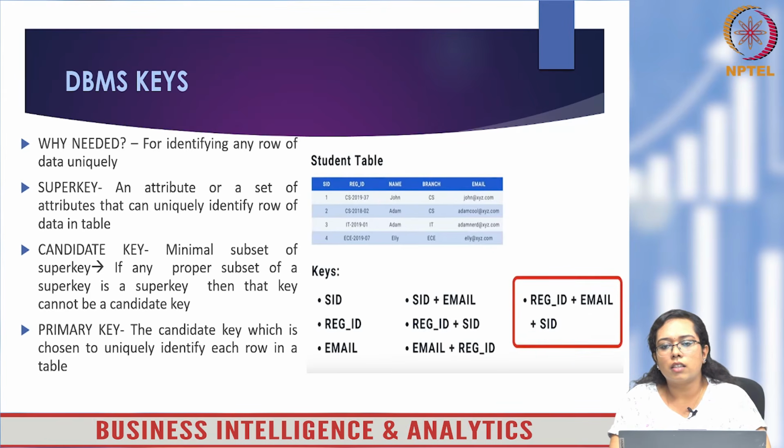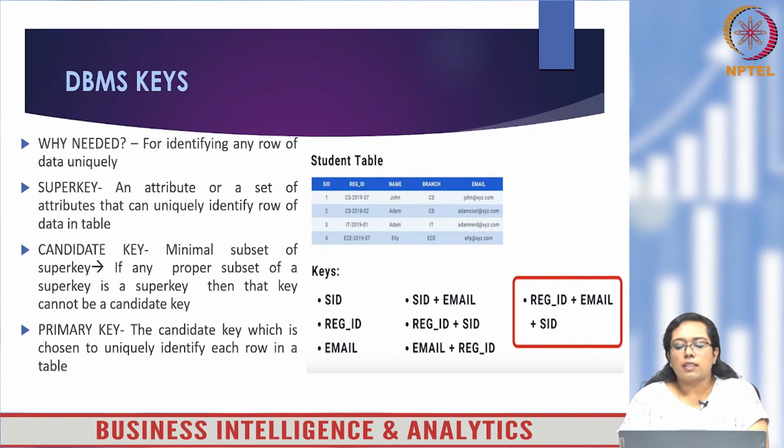Then why do we need 3 attributes? Instead, we can use a single attribute. So a candidate key is a minimal subset. For example, student ID plus email can uniquely identify it. Registration ID plus student ID also can uniquely identify the rows. Email plus registration ID also can uniquely identify the rows. So a candidate key is a minimal subset of a super key.